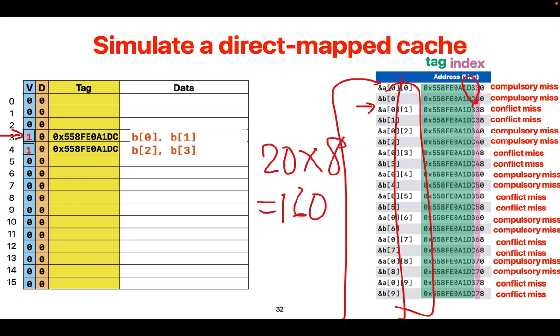So it's 160 bytes in total. That's way smaller than the cache size, because the cache can accommodate a total of 256 bytes of data. So there's no way those misses are because your cache is too small.